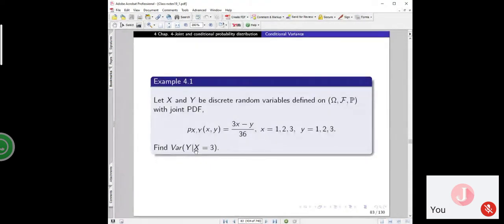So kamu kena cari p y given x. Okay, first you have to find p y given x.